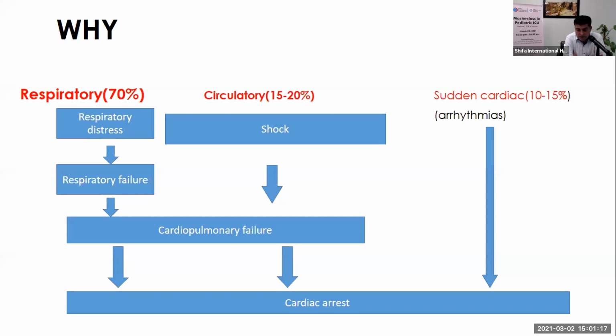And circulatory failure, like shock, comprises about 15 to 20%. And the sudden ones, like arrhythmias or sudden cardiac arrest, are only 10 to 15% of the patients. So if you identify and treat respiratory distress and respiratory failure in time, you can prevent actually 70% of cardiopulmonary arrests. Because if the arrest happens, then usually the story is over.